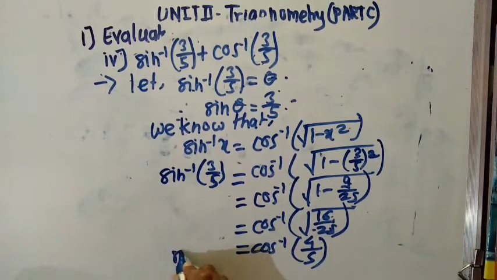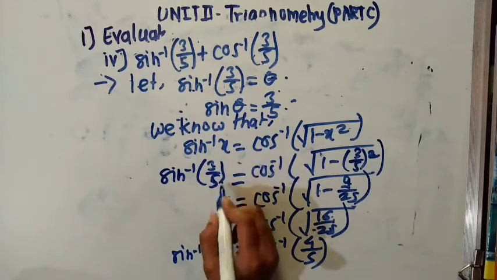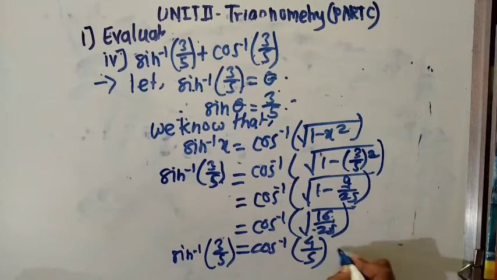Hence sin inverse of 3 upon 5 is equal to cos inverse of 4 upon 5. This is first equation.